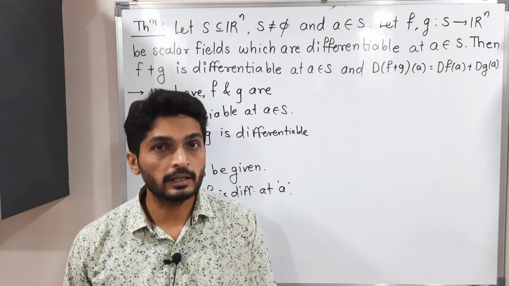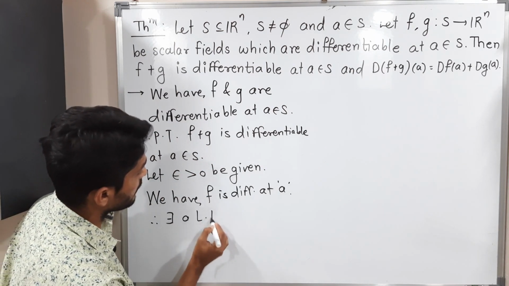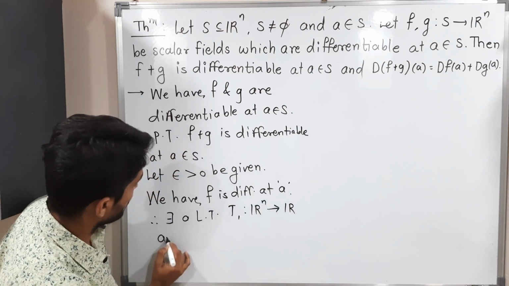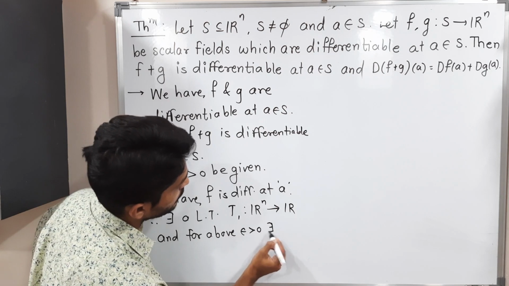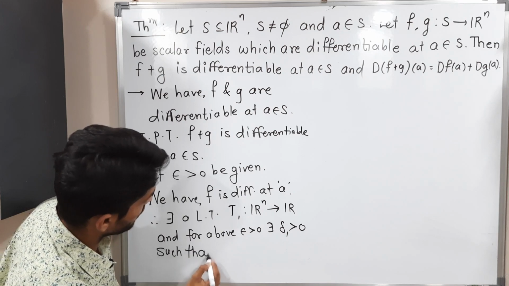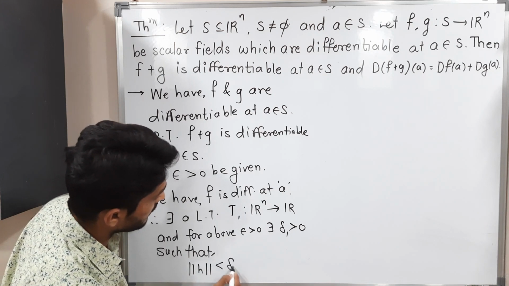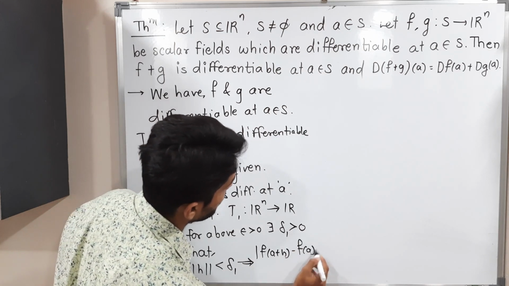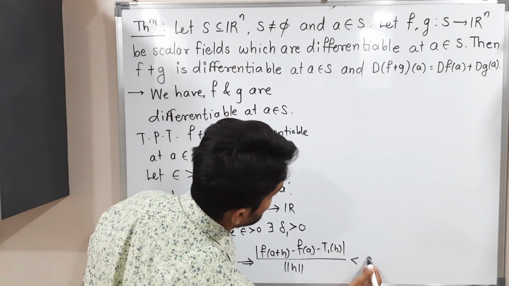F is differentiable at A, therefore there exists a linear transformation T1 from Rn to R, and for the above epsilon we have already assumed, there exists delta 1 greater than 0 such that, you remember the definition, norm h less than delta 1 implies mod f of a plus h minus f of a minus T1 of h divided by norm h less than epsilon.